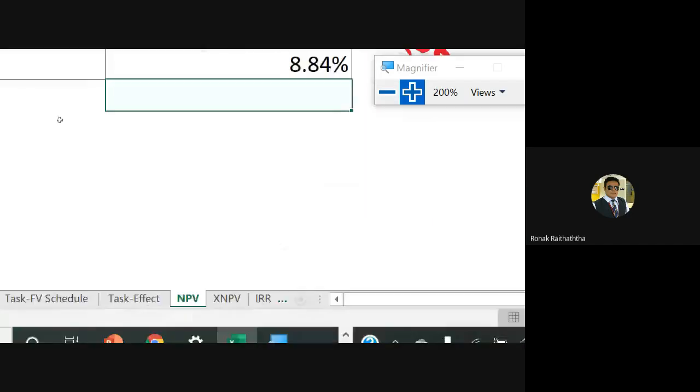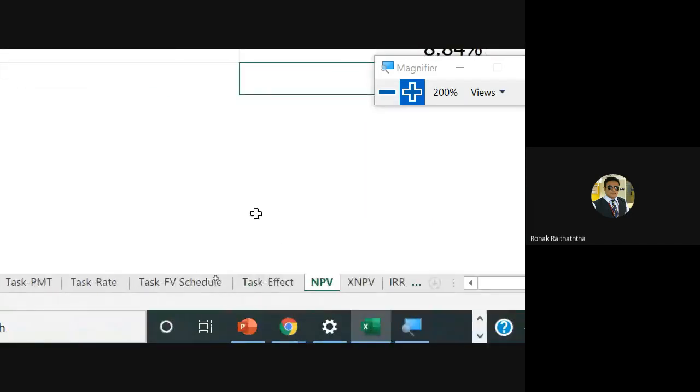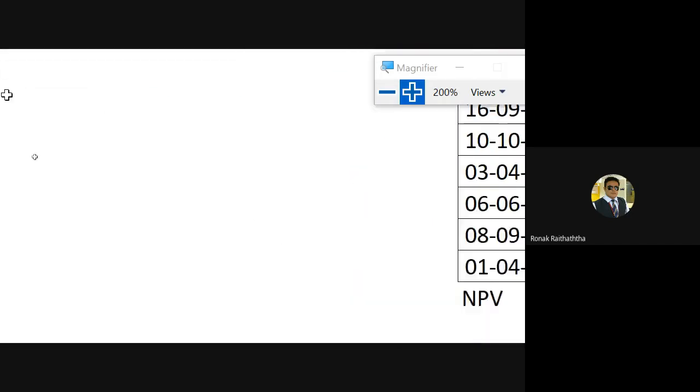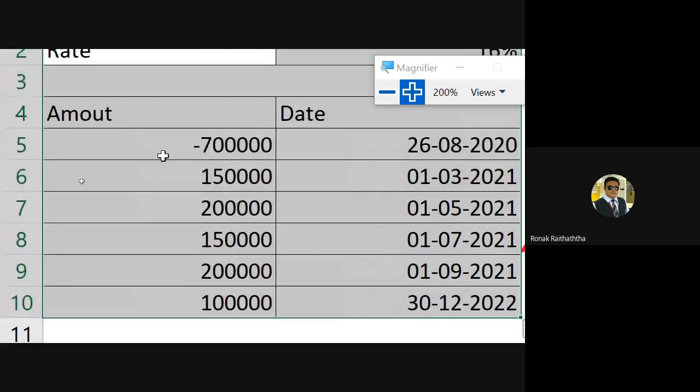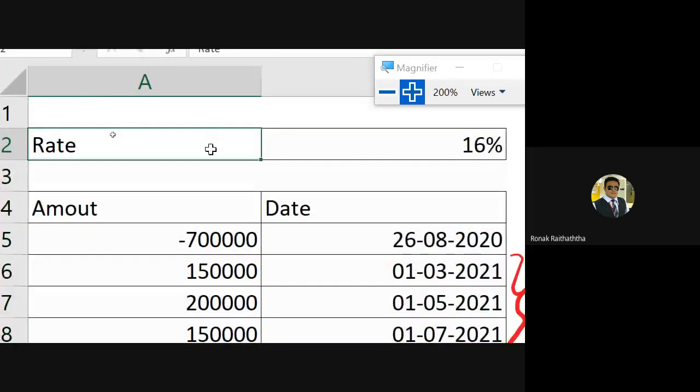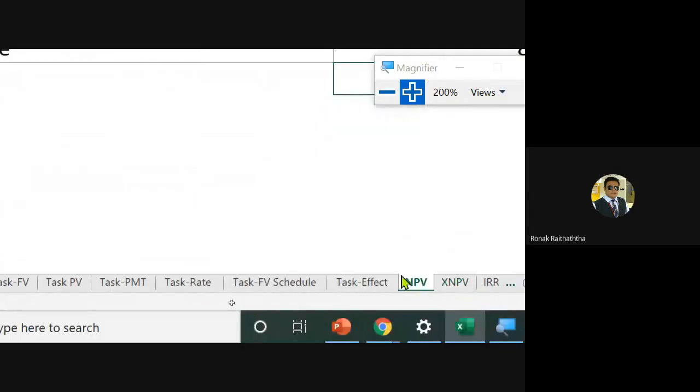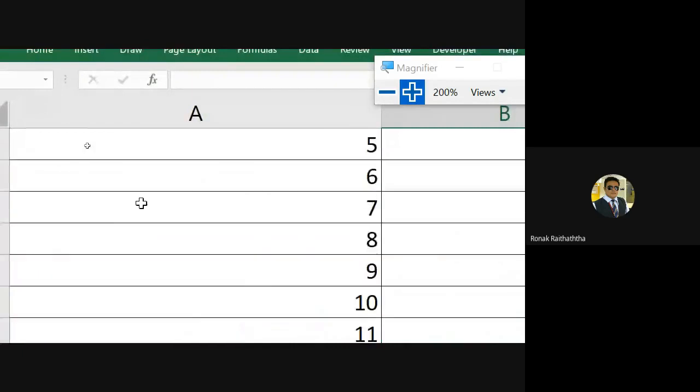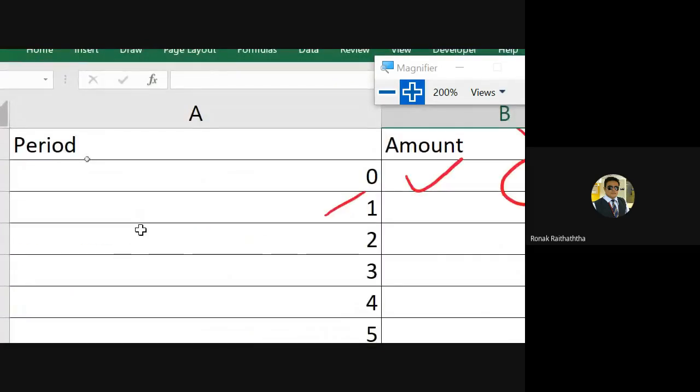Okay, let's move further. Now, there comes a different type of proposal for which manual calculations do not have any answer. In the NPV we were assuming that all these cash inflows were occurring evenly during the entire lifetime.